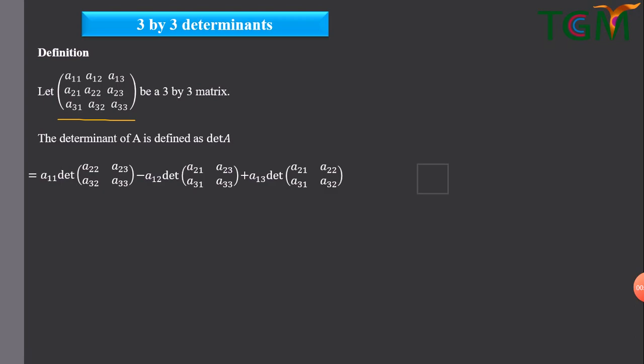Now I want you to notice something. This A11 is the entry here. We have A11 minus A12, which is this entry, plus A13.